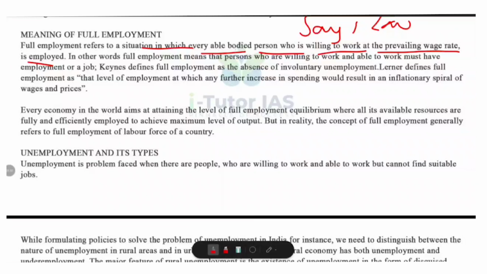If someone doesn't have a job, it's only because they don't want to work, not because there are no jobs available. So Keynes' definition is that full employment is a situation where there is an absence of involuntary unemployment. This means everyone who wants to work and can work at the existing wage rate has employment.